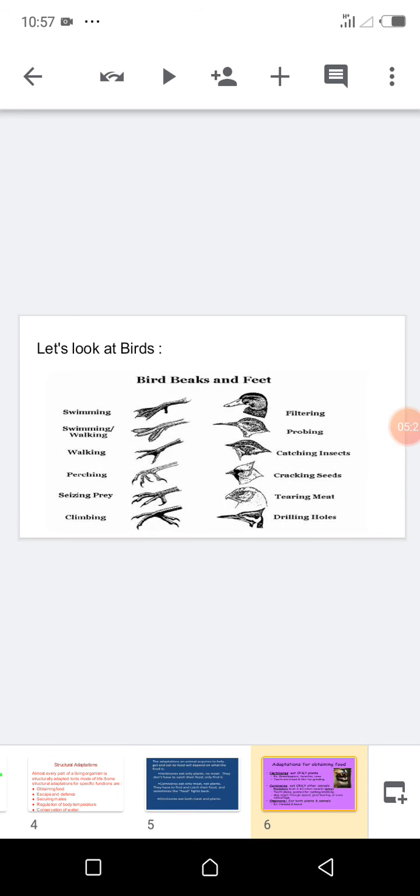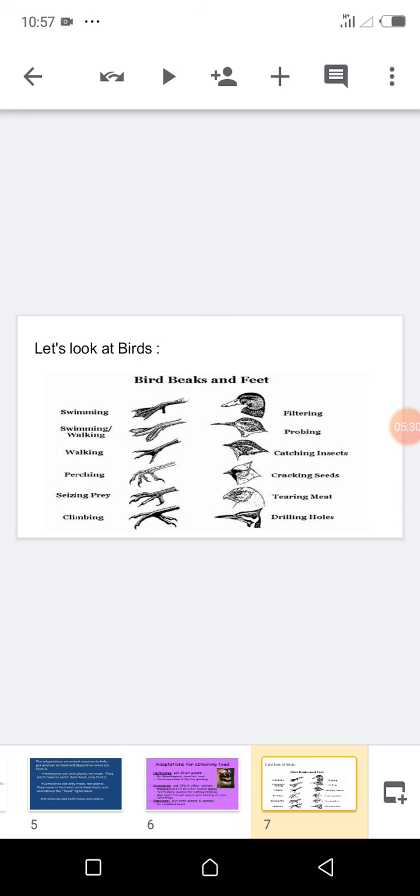Okay, so let's look at some birds. Now, looking at their beak and feet, you'd be able to determine the kind of food they feed on. So these are their external features, their structural adaptations that adapt them for life in their environment.